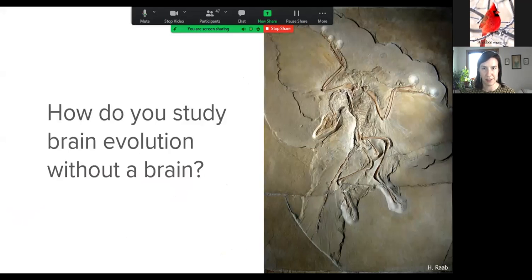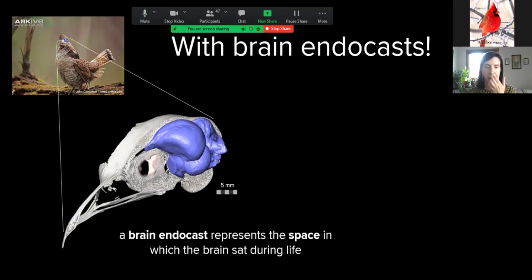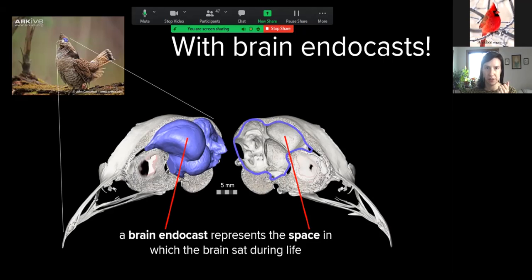One option is with something called a brain endocast. So a brain endocast represents the space in which the brain sat during life. So you can think of the bird skull acting as kind of a jello mold, and the brain is the jello. In birds and also in mammals, the shape of that space where the brain sat is actually a really faithful representation of the size and shape of the actual brain.